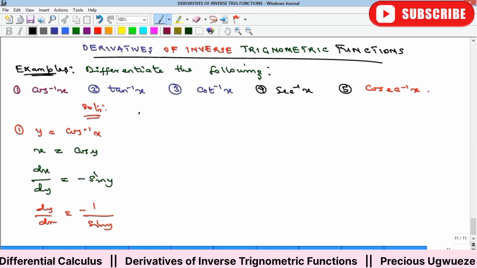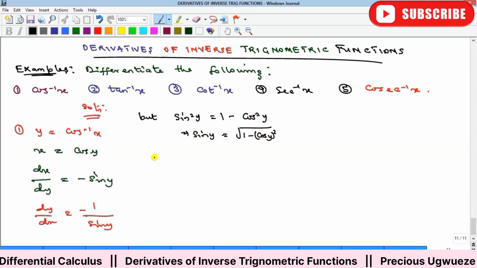You recall the relationship I stated earlier, that sine squared y is equal to 1 minus cos squared y. That means sine y alone will be equal to the square root of 1 minus cos y all squared. That's another way of writing this.